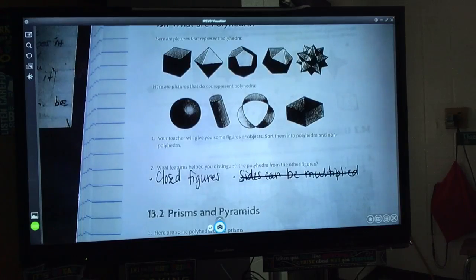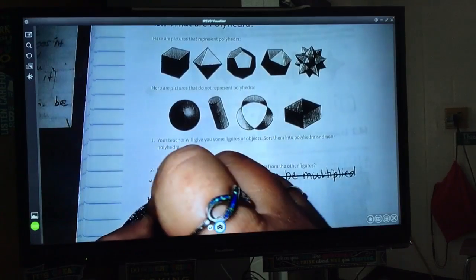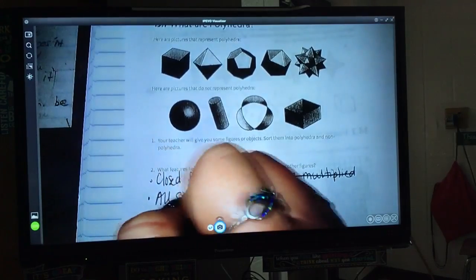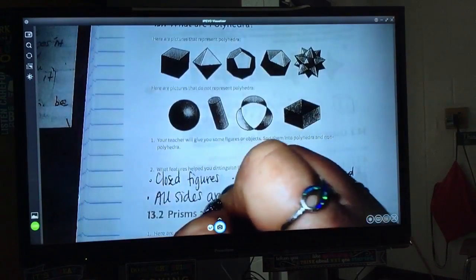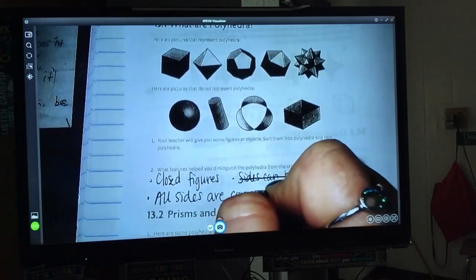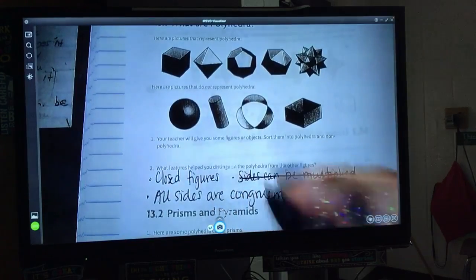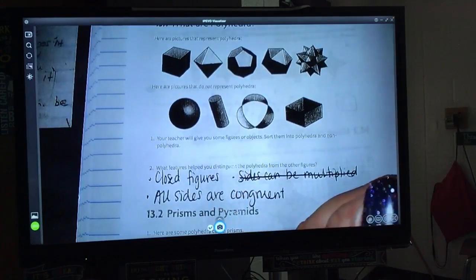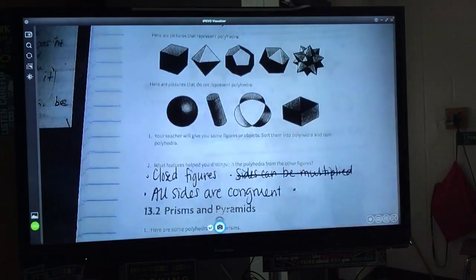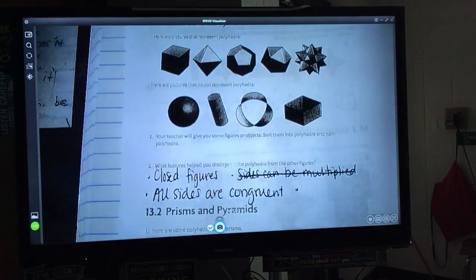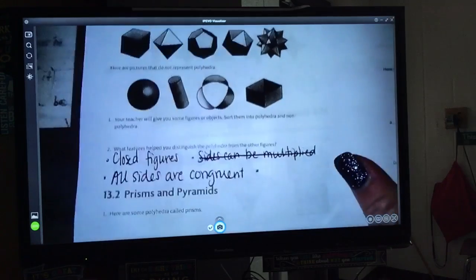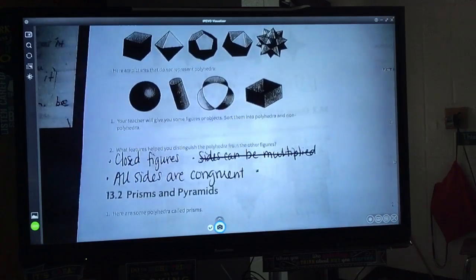Jackson? All the sides are congruent. Everybody knows what the word congruent means? Yes, ma'am. Anybody not know? Okay, good. Alright, what else? Jackson?